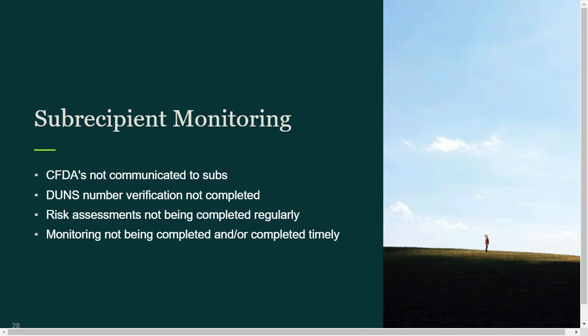And so, if you have a sub that is doing everything great and reporting no concerns, you would expect a low risk assessment. And then the monitoring would also be a lot lower and oversight would be lower in those cases. But if you're having issues with a sub, maybe they're just inexperienced, they've been late on reporting, etc., there's definitely going to be more oversight expectations in those cases.